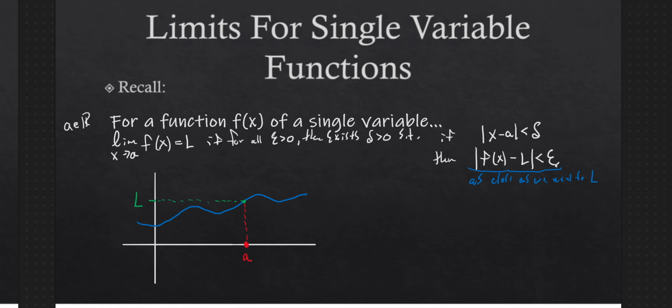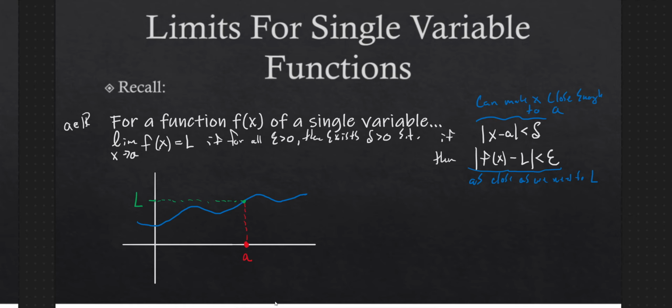Some antagonist can give me any epsilon, any smallness, any closeness to L, and I can find a delta such that if x is close enough, that amount of distance from a, then f of x is within epsilon units of L. So we can make x close enough to a in order to ensure that f of x is as close as necessary to L.